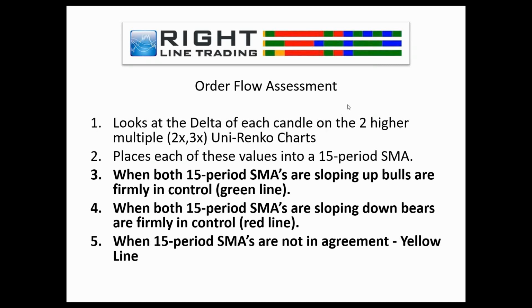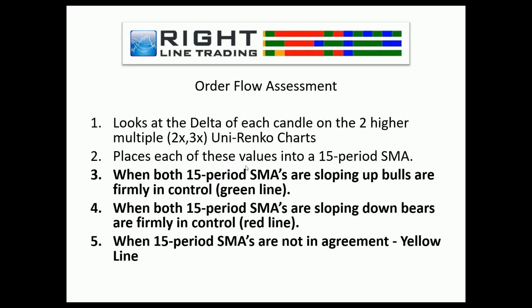And then in order to get rid of the candles that have a delta in the opposite direction, one standard deviation's worth of data works. So what we do is we have to kick out the outliers. So we put each of those delta values into a 15-period smooth, simple moving average.